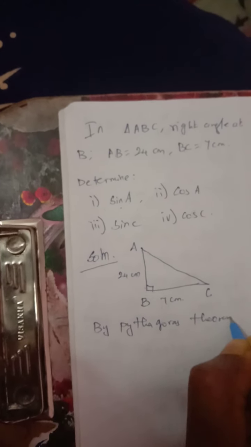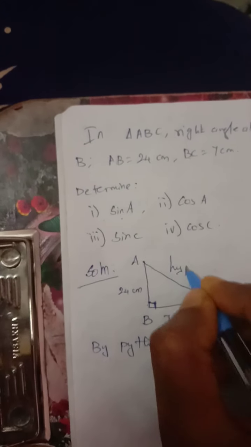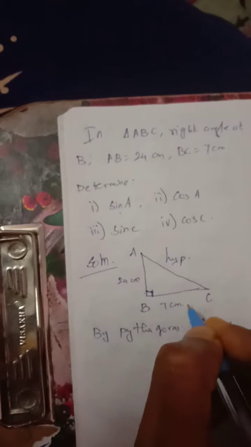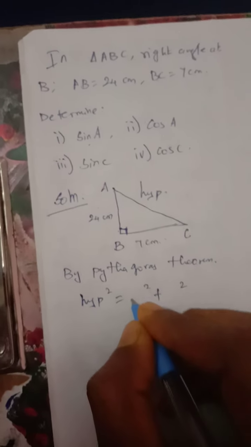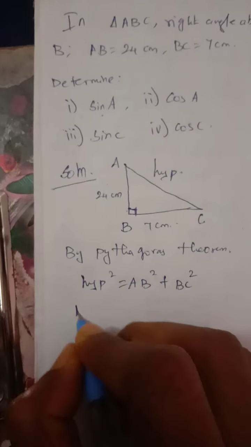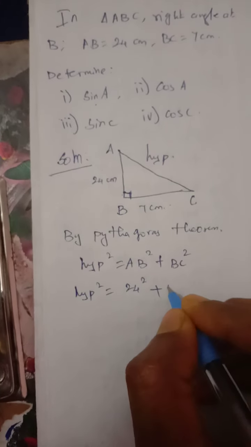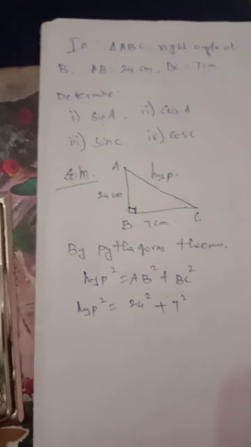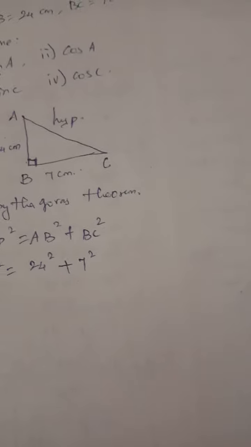Pythagoras theorem. We know the side opposite to the right angle is the hypotenuse, and the other two sides are opposite and adjacent. So Pythagoras theorem is: hypotenuse square is equal to the sum of squares of the other two sides. The other two sides we can take as AB and BC. So hypotenuse square, we don't know, that's what we want to find, is AB square, 24 square, plus BC square, 7 square.